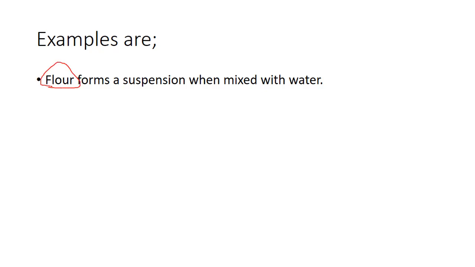If you mix maize flour and water, you will form a suspension. This maize flour will not dissolve in water, because if you let them stand still for some minutes, you will have two separate layers: a layer of flour and another layer of water. So that is a suspension.